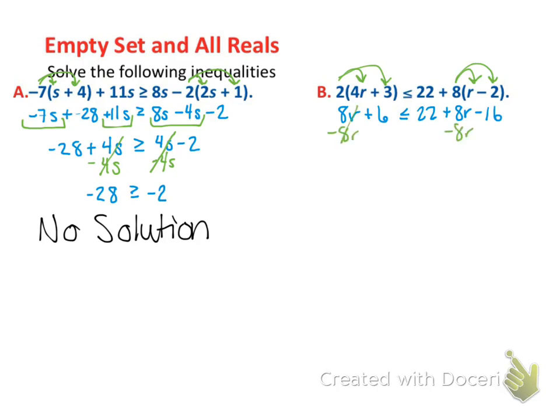That disappears. Oop, so does that. We get 6 is less than or equal to 22 minus 16, which is 6. Is 6 less than or equal to 6? Yes, it is. So there's no variables. So we don't have one solution, but infinite solutions. Or all real numbers are a solution.